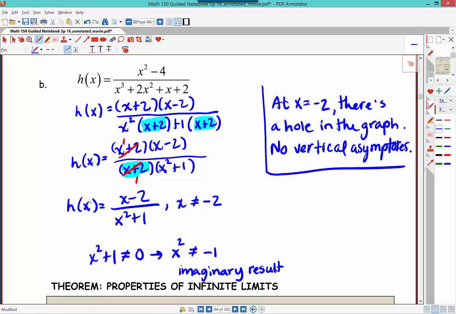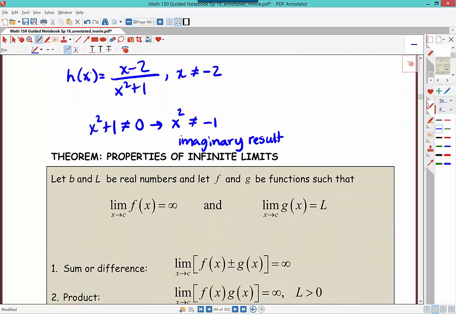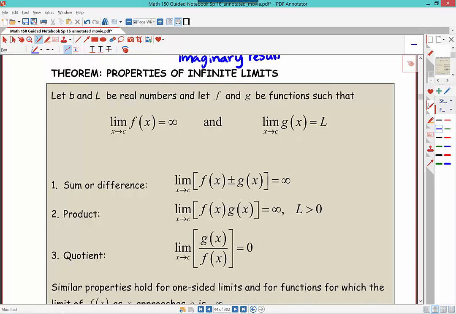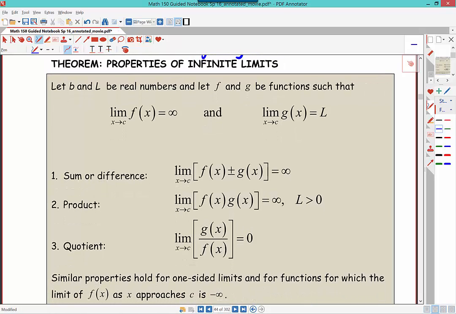Okay? All right. So moving right along, properties of infinite limits. Let's suppose that you've got this limit as x approaches c of this function f at x, and it has an infinite result.